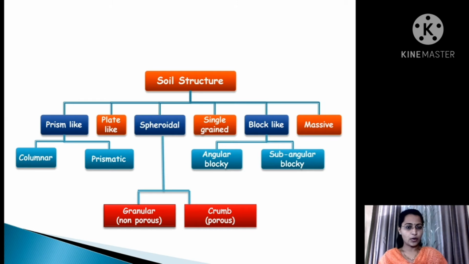Along with these, block-like soil structure is also divided into 2 types: first the angular blocky and another the subangular blocky. We will see the pictures of how they look.